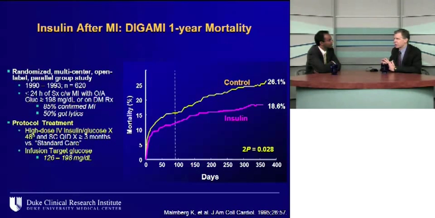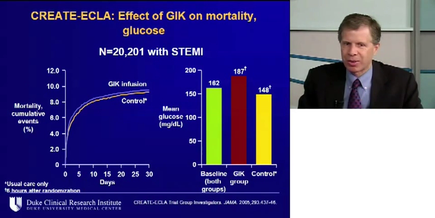And this, in fact, over a 1-year period was associated with a lower risk of death in the more intensively treated population, including with insulin treatment. So this got people excited about the idea that modulating the metabolic environment with a more intense insulin regimen at least might be associated with better outcome.